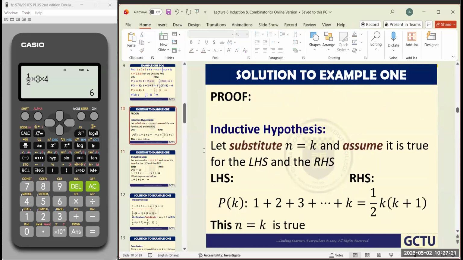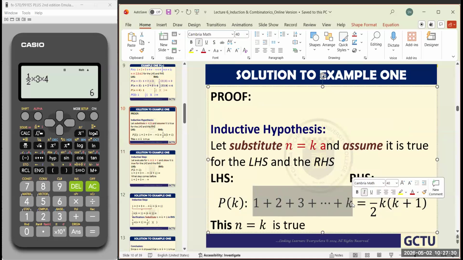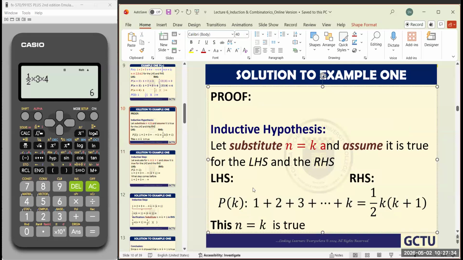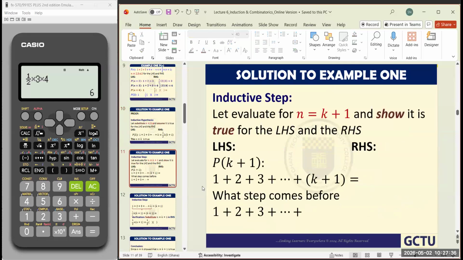Now, remember that when we substituted N is equal to K, I ended at 1 plus 2 plus 3 up to K. That's where I ended, because that's the last step, okay? But now they are telling me that my last step should be K plus 1, so I've ended here.